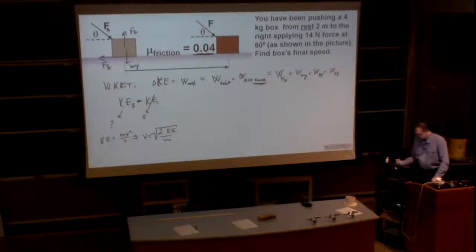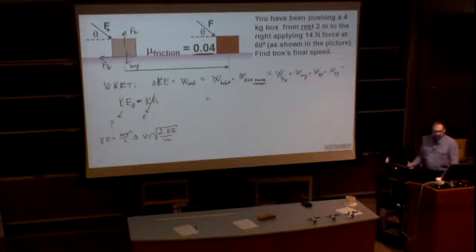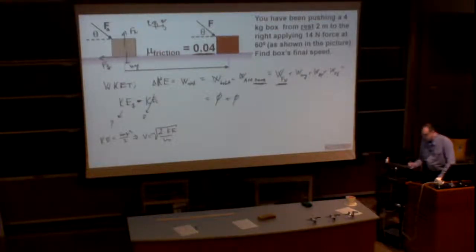Now, I go back in time and I use the experience we recently had, which tells us normal force in this situation doesn't do any work because the normal force is perpendicular to the displacement. Force of gravity doesn't do any work because of the same reason.